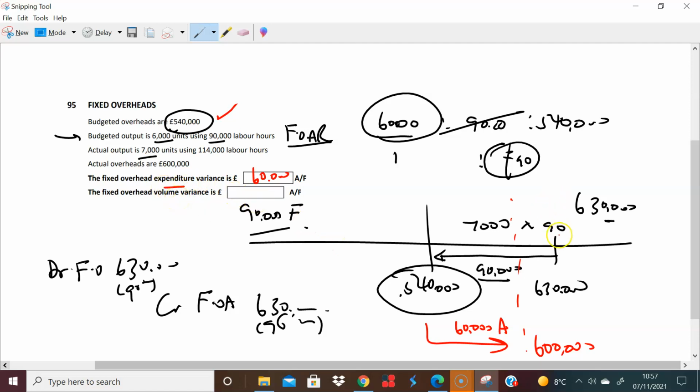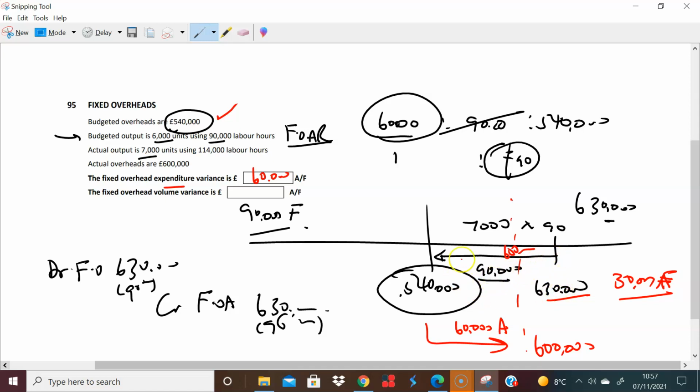So overall, you'd have had something like this. You've put into the account 600. What actually happened is 30. So you'd have said, oh, 30,000 adverse. Sorry, forgive me, let me look at that very carefully again.